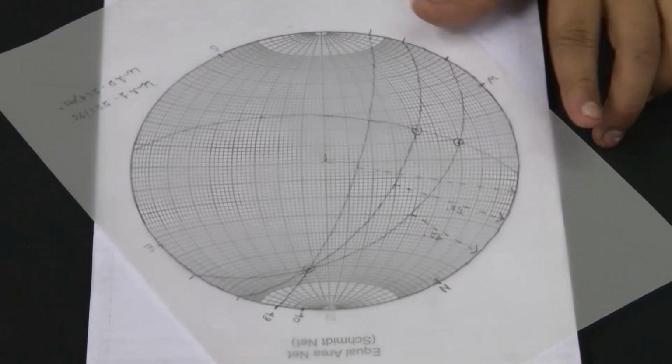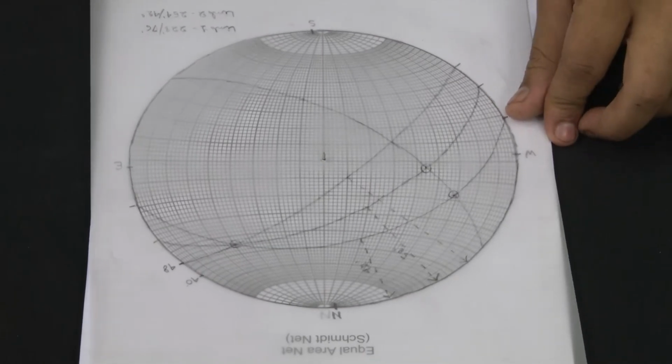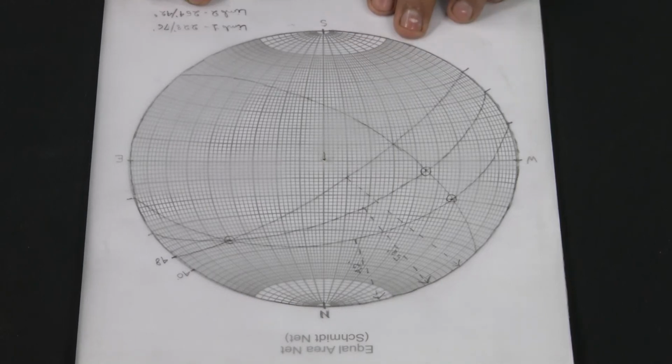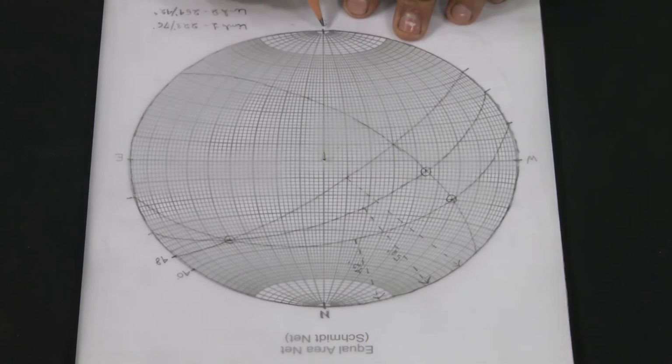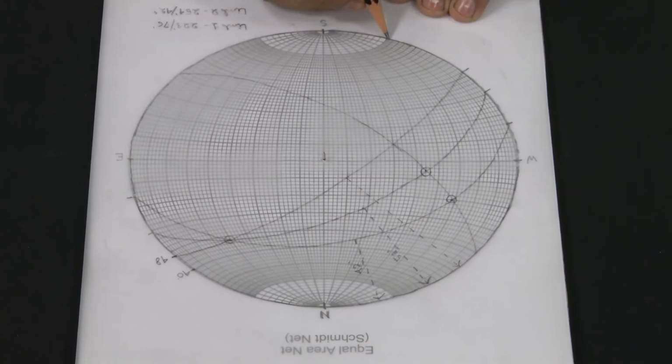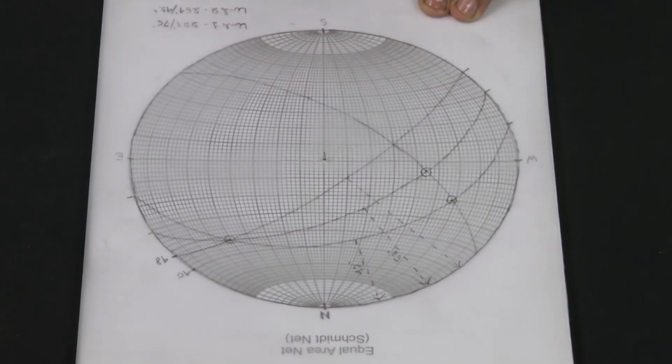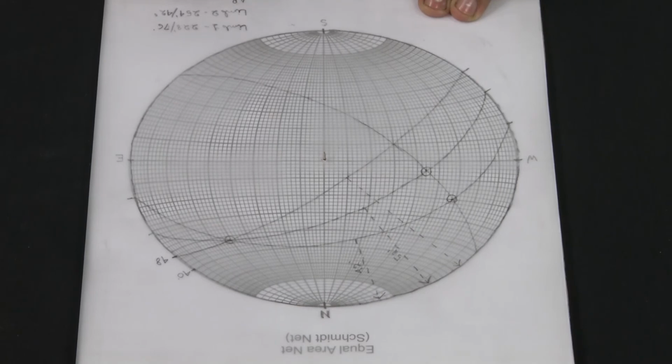Now I take the tracing paper to its original position and find the strike of our axial plane. If this is 180, this is 200, 210, 220, 230, 239. So, the axial plane strike is 239 degrees and the dip amount is 58 degrees.